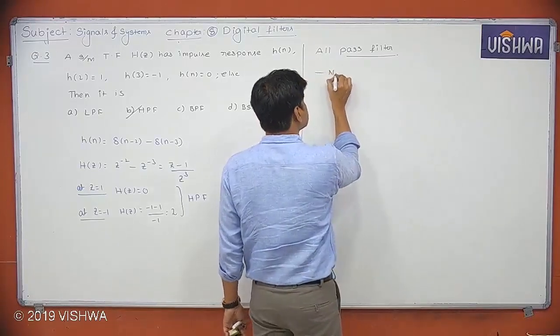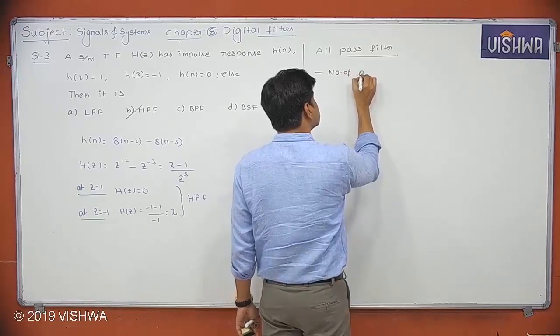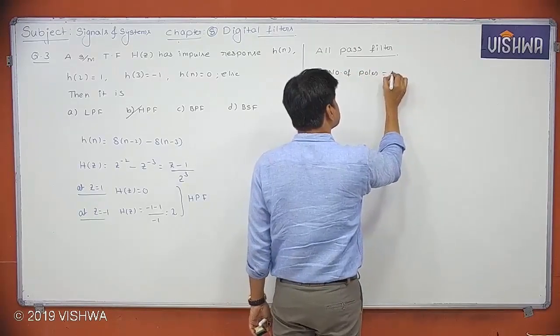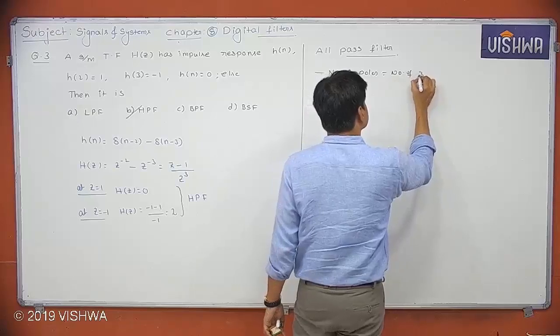The number of poles is equal to the number of zeros.